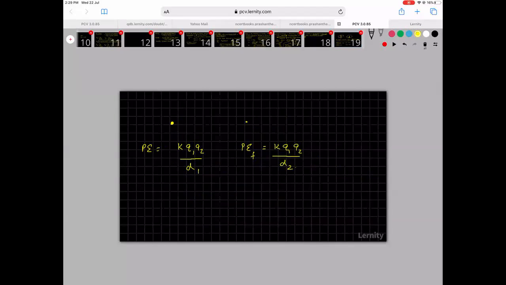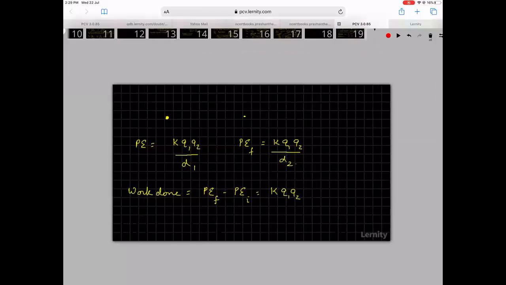Okay, so work done is equal to potential energy final minus potential energy initial. So K Q1 Q2 times (1 by D2 minus 1 by D1).